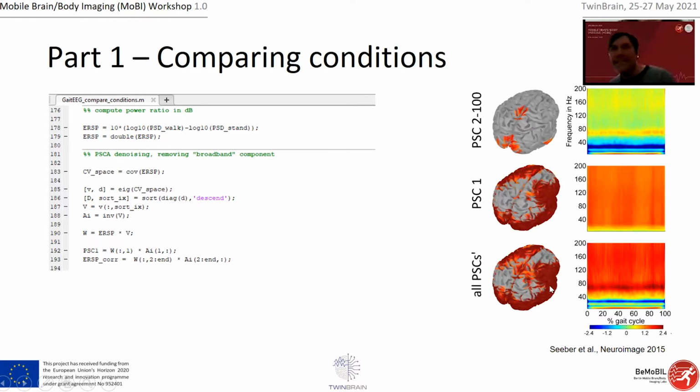The aim of the principal spectral component is to find a spectral component that is very prominent and has a spectral shape indicating muscular activity. For muscular activity, we know that power for frequencies below, let's say, around 20 hertz is low, but for higher frequencies it is high and broadband.